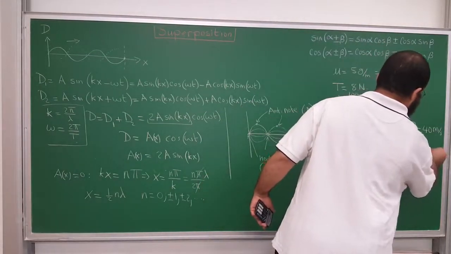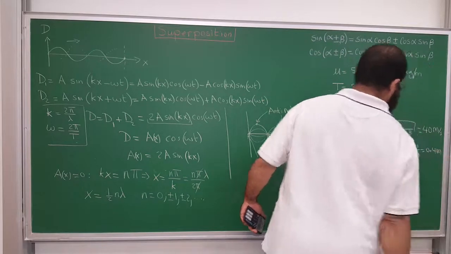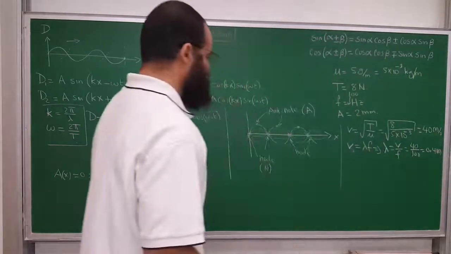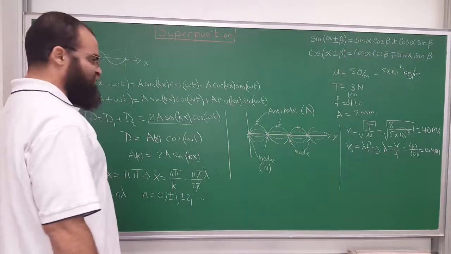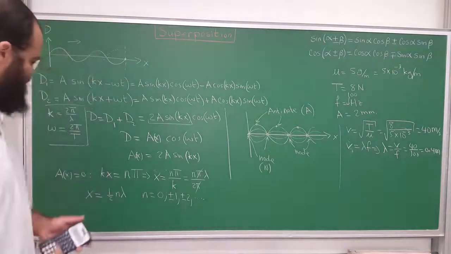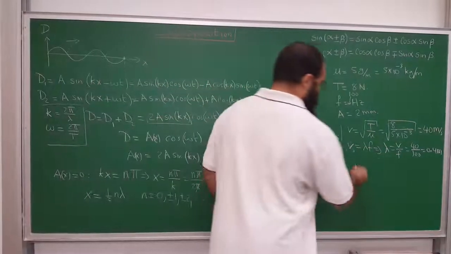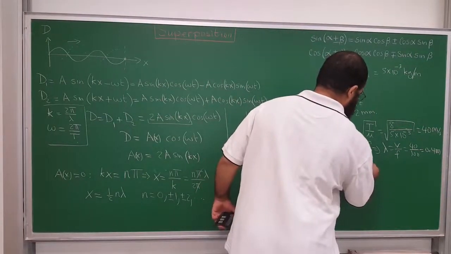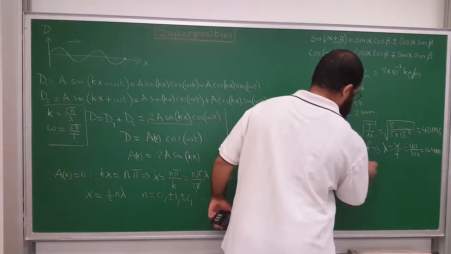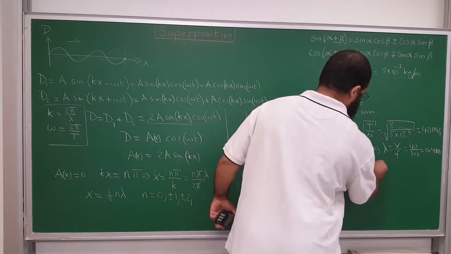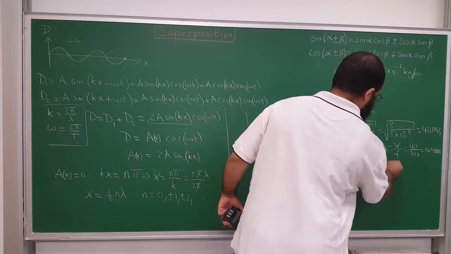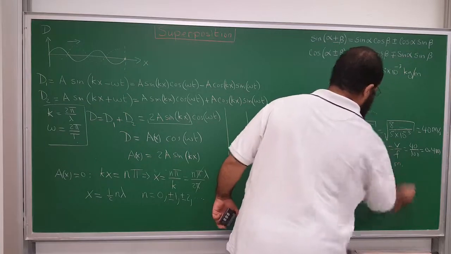So that's 0.4 meters. So what's the distance between adjacent nodes? Well, the distance between adjacent nodes happens to be half a wavelength. So node to node distance will be 0.2 meters, half of this.